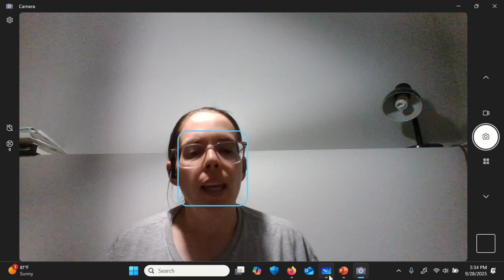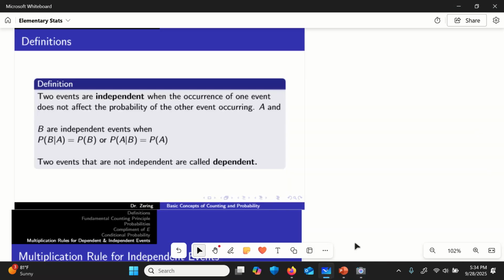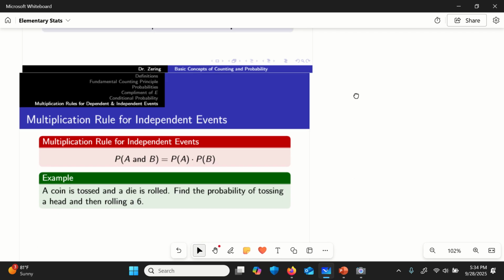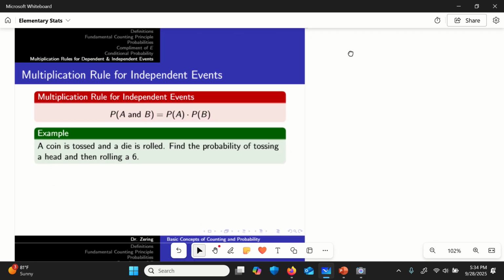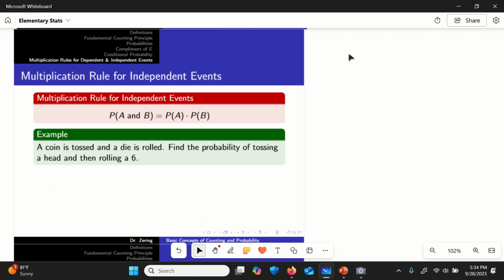Depending on if they're independent or dependent events, changes which version of the multiplication rule we will use. So starting from independent events, where we're tossing a coin and rolling a dice, two things that really don't affect the outcome of the other, we can just simply find the probability for each event separately and then multiply them together.